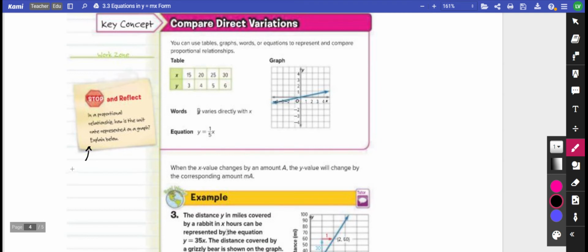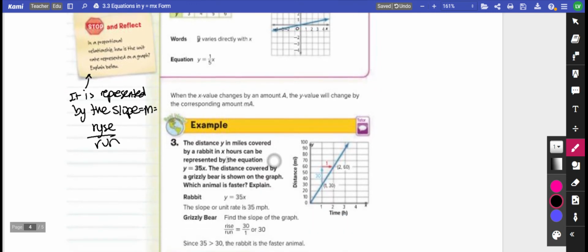Here, it is represented by the slope. And as a reminder, slope is also m, which is also the rise divided by the run. So when the x value changes by an amount a, the y value will change by the corresponding amount ma.